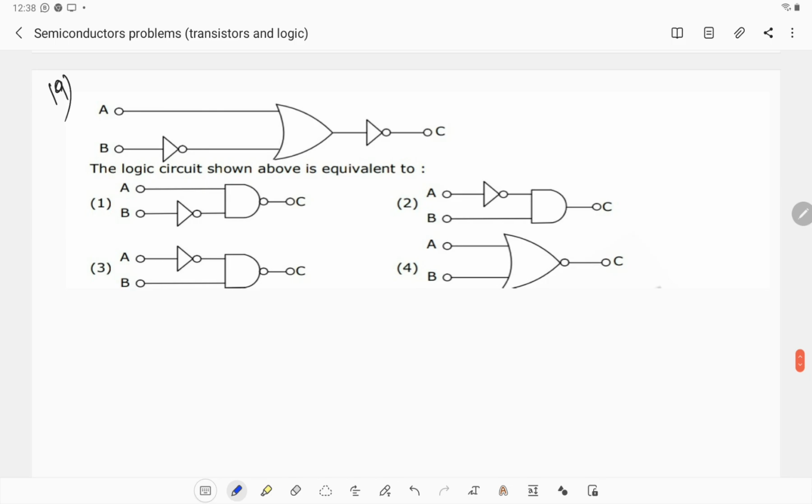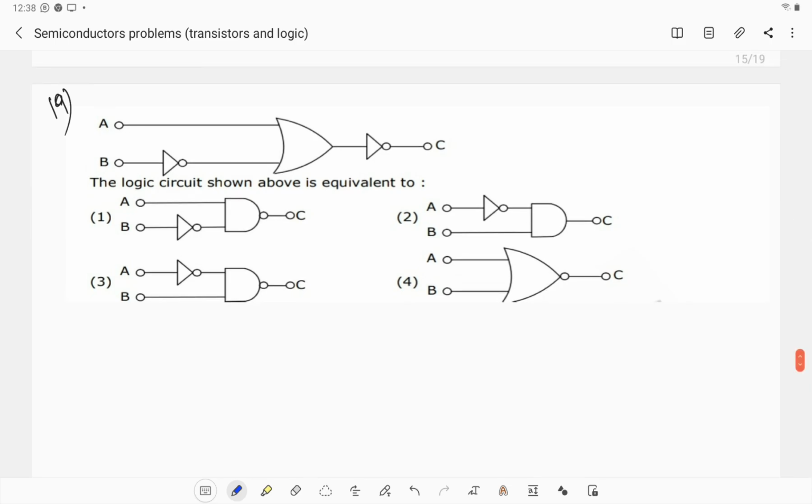Next, 19. Your input is A, your B through a NOT gate, B bar. Here OR gate, A plus B bar, but your output is (A plus B bar) whole bar.